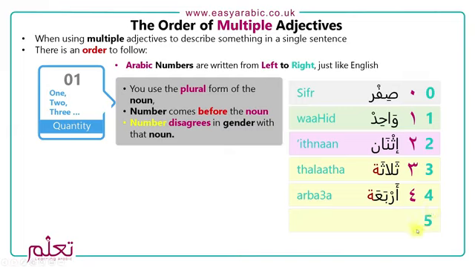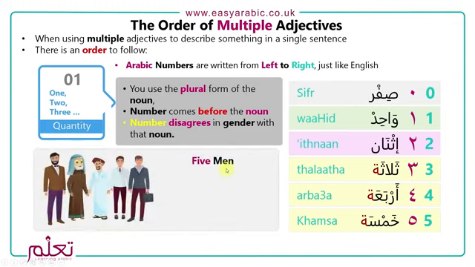Let's look at number 5. It is written like a 0 or a heart upside down. It is khamsa. If we say 5 men, rajul is man, and men is rijal. So when we say 5 men, we'll say exactly as it is: khamsat rijal.